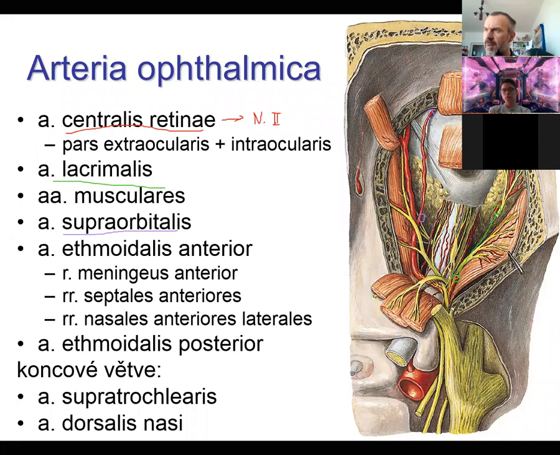Yeah, supraorbital. And you may remember here above the orbit we have two openings, either foramina or notches, frontal and supraorbital. Yeah, so the artery together with the nerve comes here and supplies the forehead. So that's the supraorbital. Anterior ethmoidal.